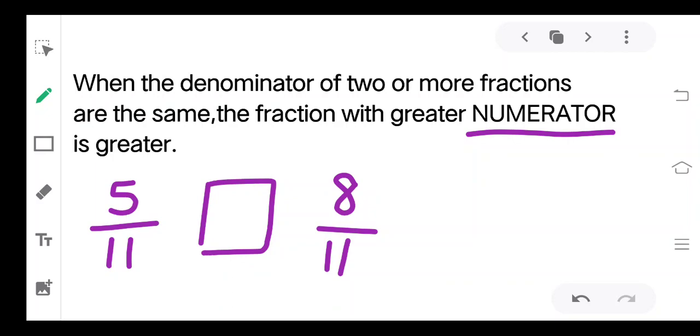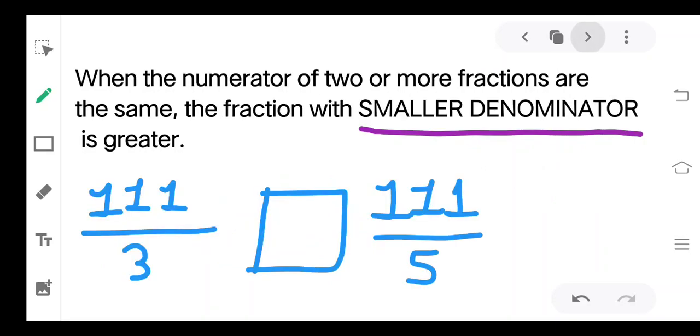If the numerator is greater, then that fraction is greater. For example, here 5 and 8. 8 is greater than 5, or we can say that 5 is smaller than 8. So we consider that 8 upon 11 is greater than 5 upon 11.